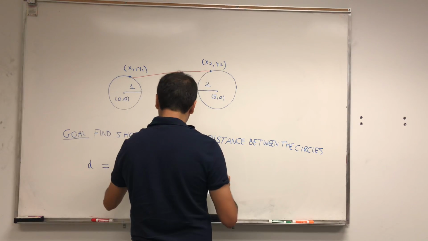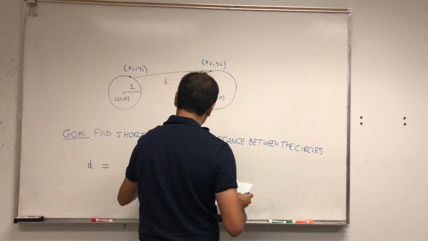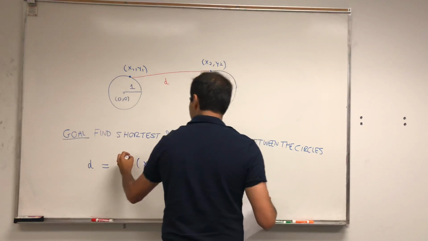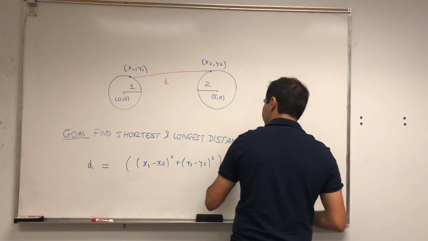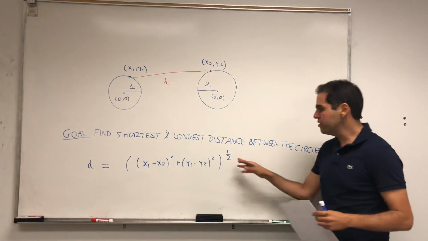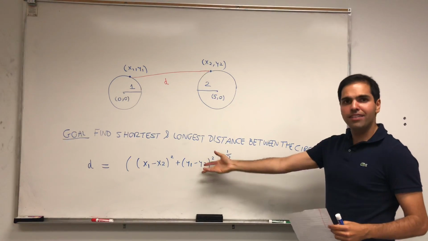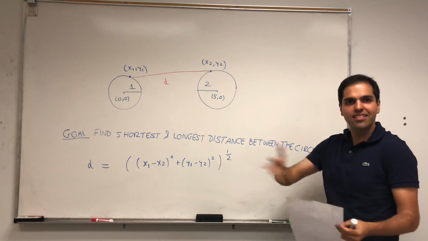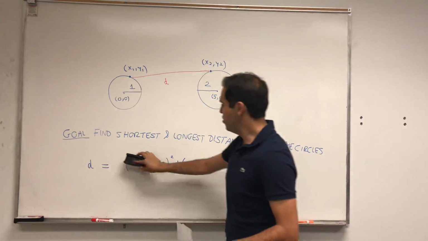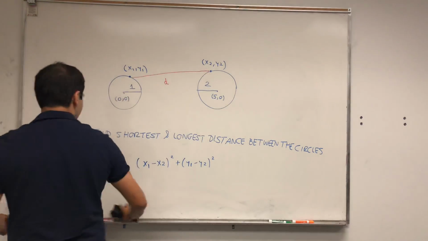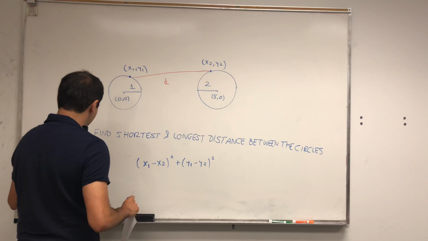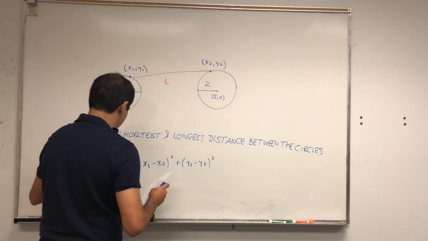So that's x1 minus x2 squared plus y1 minus y2 squared, and you take the square root of that. That said, as is usual for Lagrange multipliers, if you minimize the square of the distance, it's the same thing as minimizing the distance, and vice versa. So you can just remove the square root, and this gives us our function f of x1, x2, y1, y2.